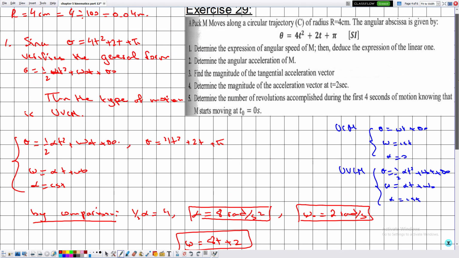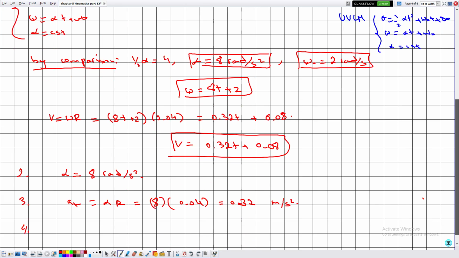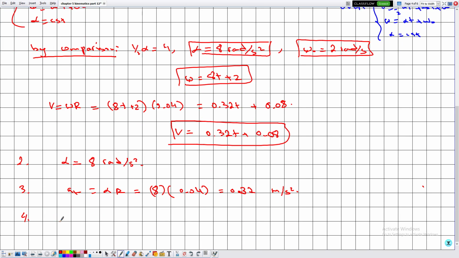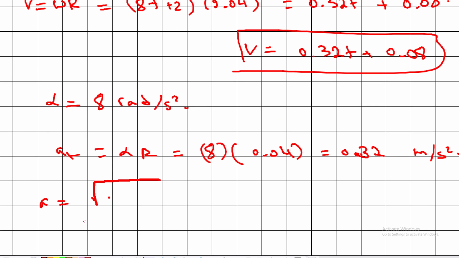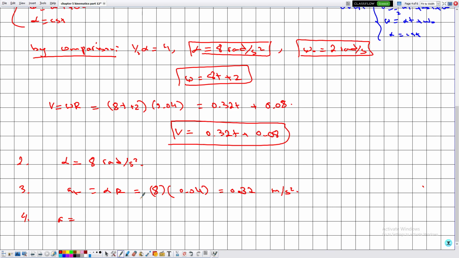So now they are telling in part 4, determine the magnitude of the acceleration. The acceleration is given by either the square root of ax square plus ay square, or the square root of an square plus at square. Whenever we are talking about circular motion, it's more convenient to discuss the Frenet basis, so it's given by the square root of an square plus at square.